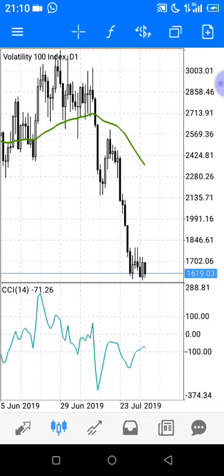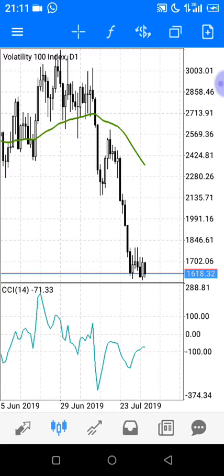So I'm going to start off with when to sell, because with the V100 I can see clearly. So the first thing, when you want to sell, you have to look at this.